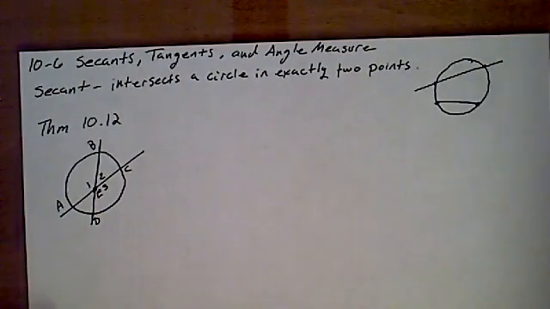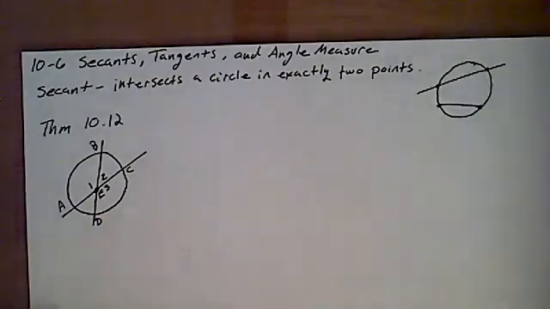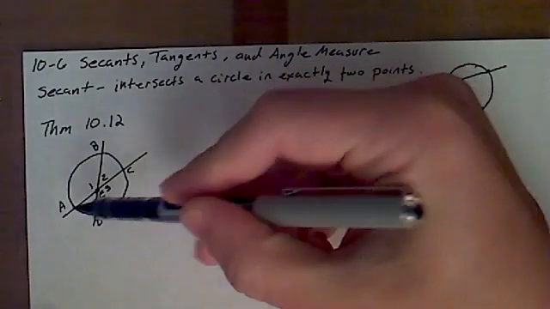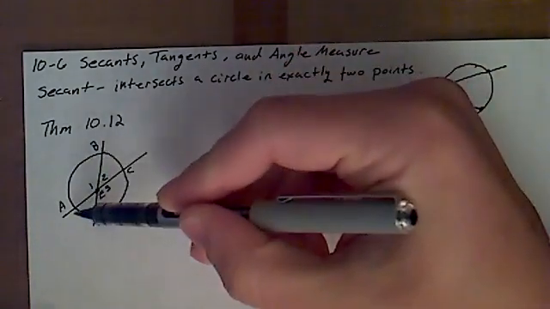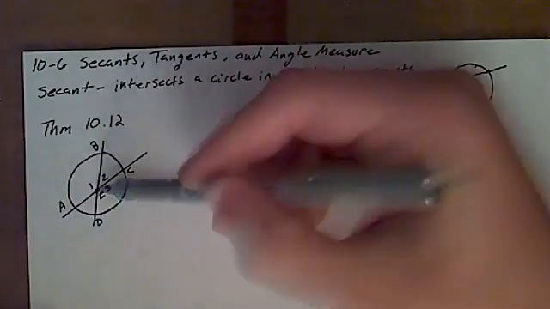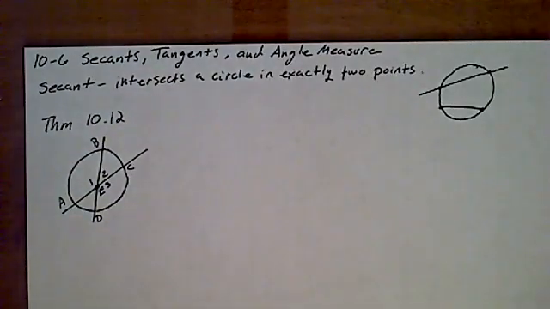Your first thought might be that angle 1 has some relationship with arc AB, right? It's the intercepted arc of angle 1, and so maybe they have some relationship by themselves, right?